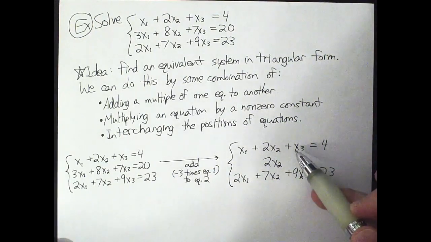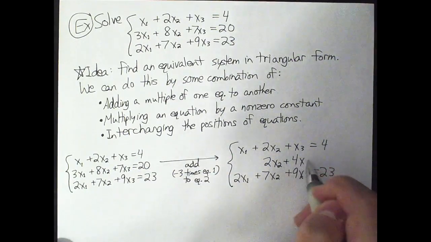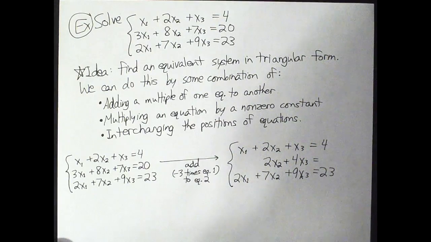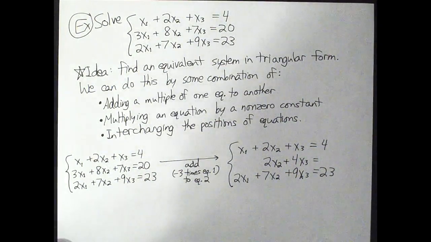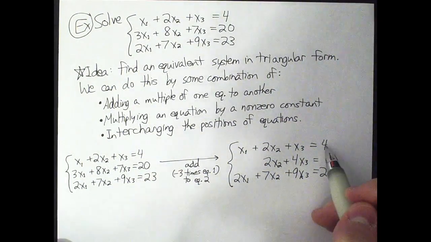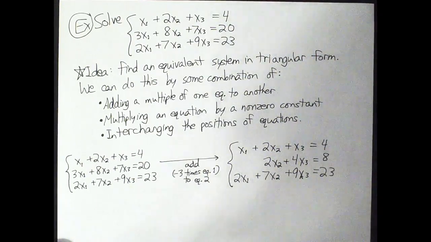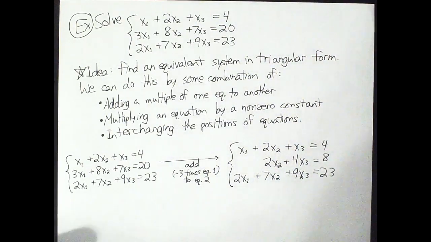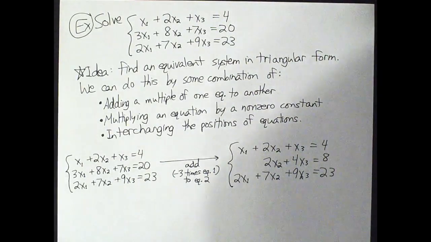Next, -3x3 is getting added to 7x3 to give me 4x3. And finally, the right-hand side has to have this done to it also. -3 times 4 is -12. Add that to 20, and you get 8. So I claim that this is one step closer to being triangular because we've got that empty space there.